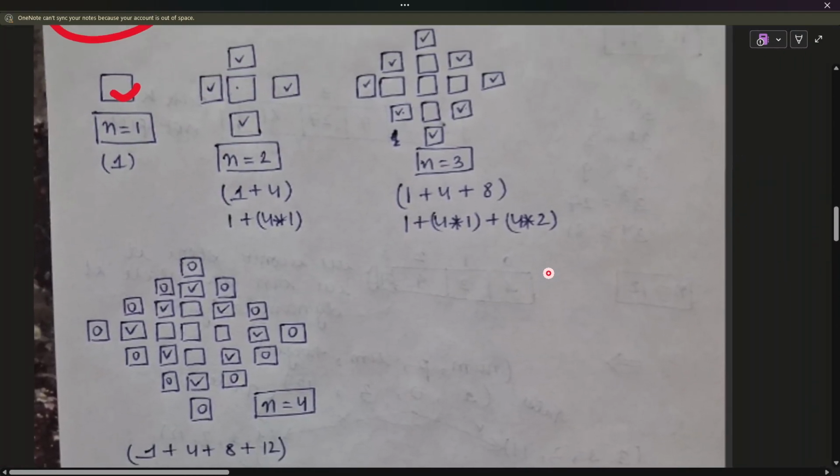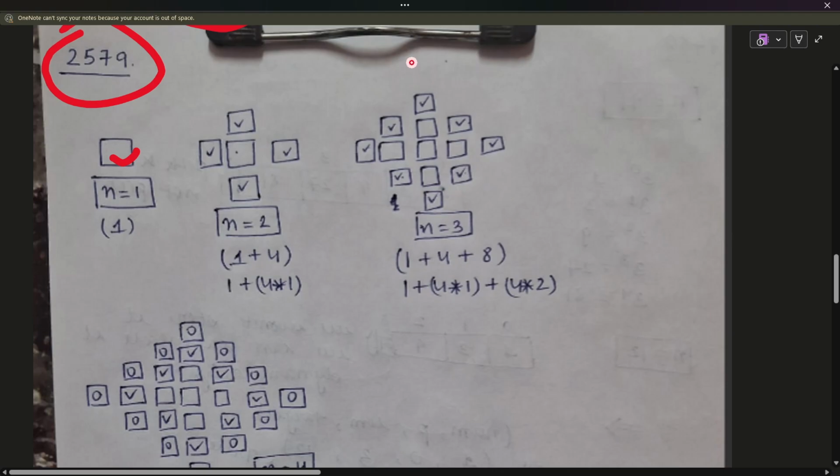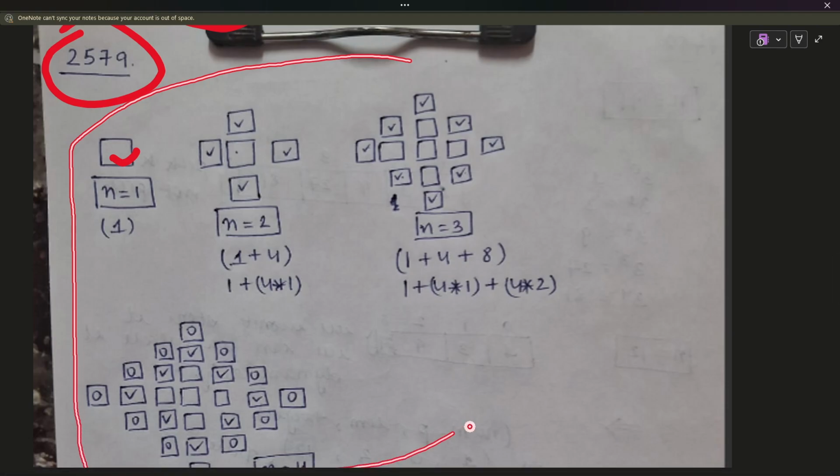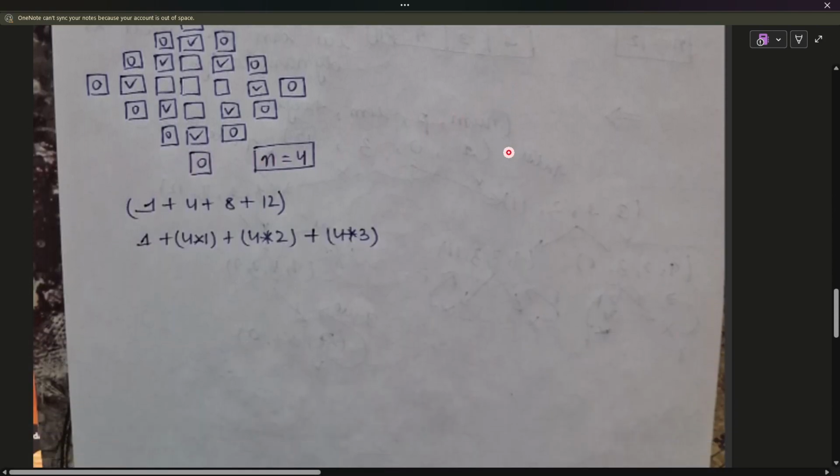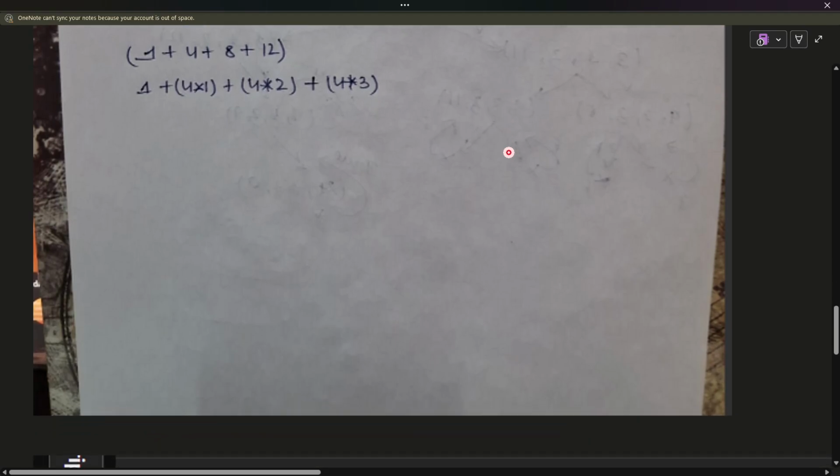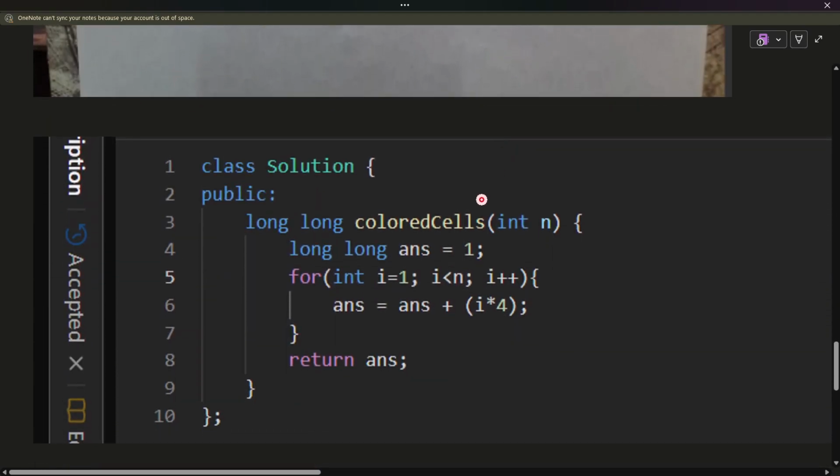As you can observe, if we just do a dry run, it's very easy to code. It's completely observation based. So now let's see the code. It's a very easy one.